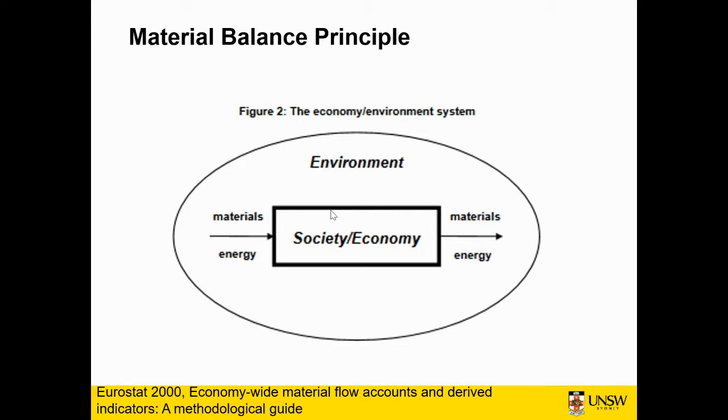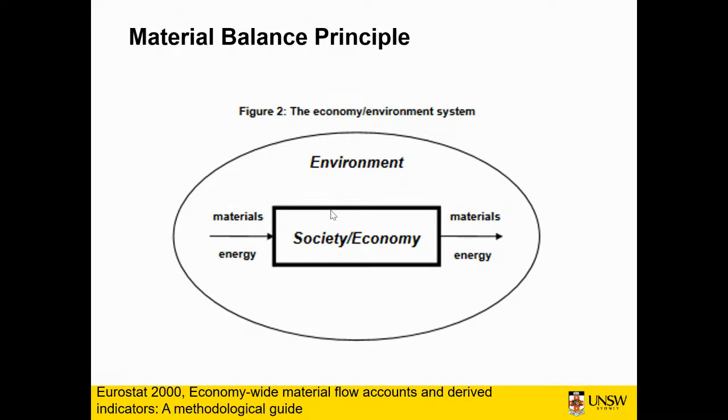So basically all materials on Earth are conserved. What changes is where they are and their state, and even their chemical composition will change a lot, but the total mass of materials on Earth is conserved. So what we try to do is to close that balance within a given system.